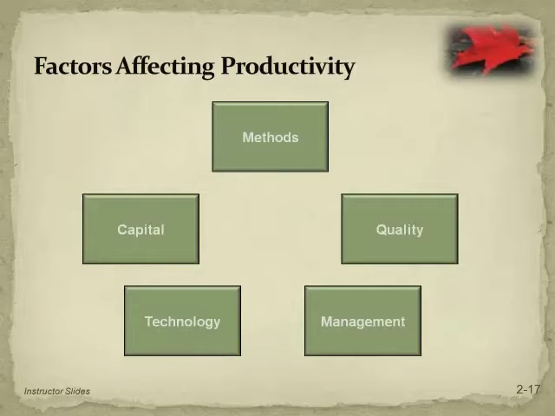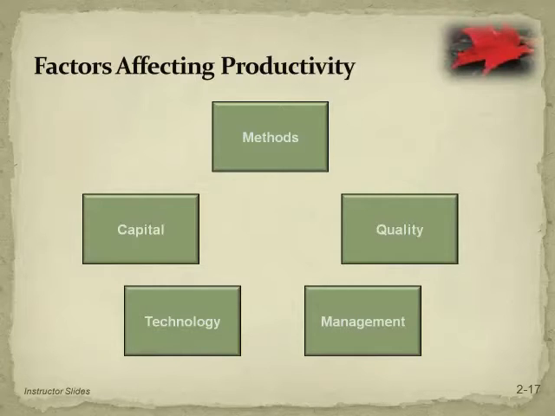So what affects productivity? Well, there's a number of things that affect productivity shown in this slide. The biggest factor that affects productivity is the box in the lower right-hand corner, and that's management. So the way management approaches productivity and their investment in human capital and their investment in technology will greatly affect the overall productivity.